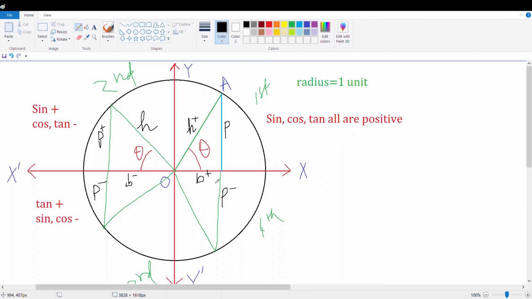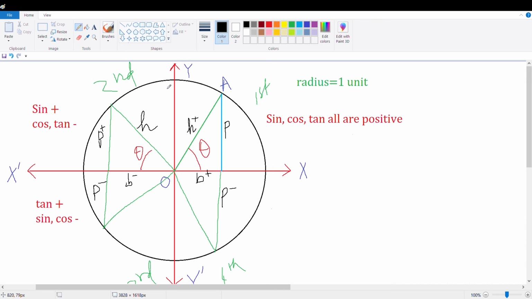So you can see base is positive and perpendicular is negative. So what will happen? In fourth quadrant, which value will be only positive? Here only base is positive. Obviously hypotenuse is also positive, because hypotenuse is positive in all the quadrants.